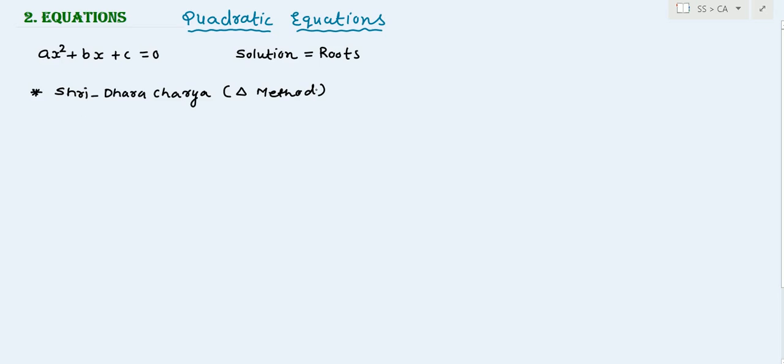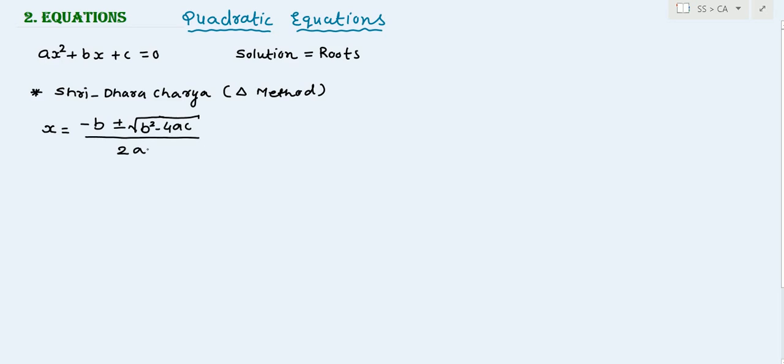Okay. In this method, the formula for finding the value of x is equals to minus b plus or minus under root of b square minus 4ac upon 2a.